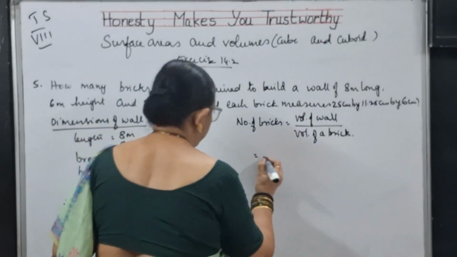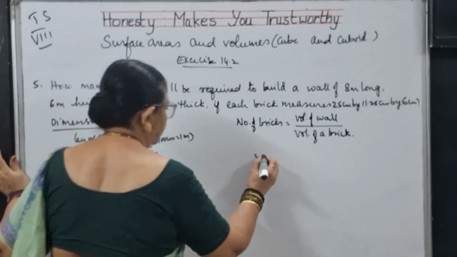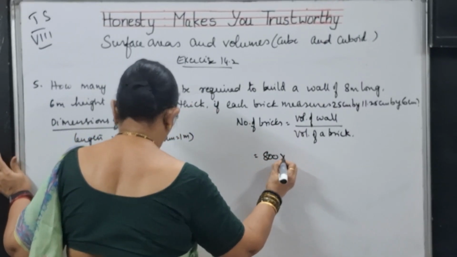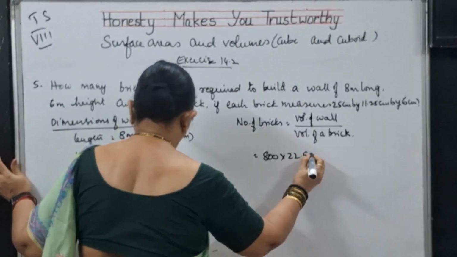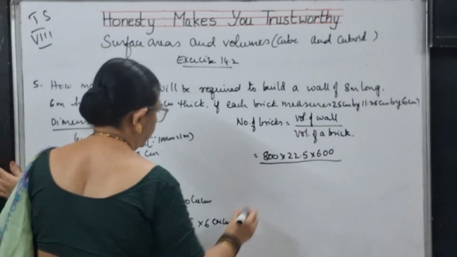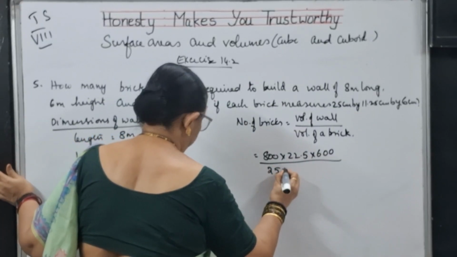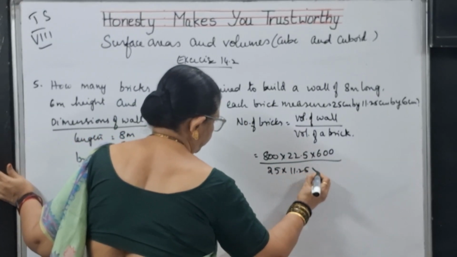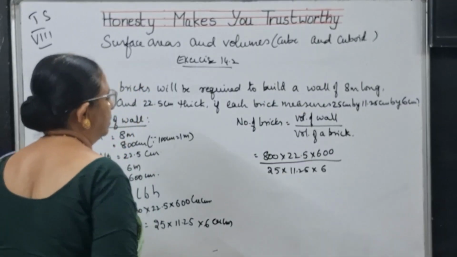So that is why here I have not multiplied, children. So it is 800 into 22.5 into 600 by 25 into 11.25 into 6. Decimals are there.